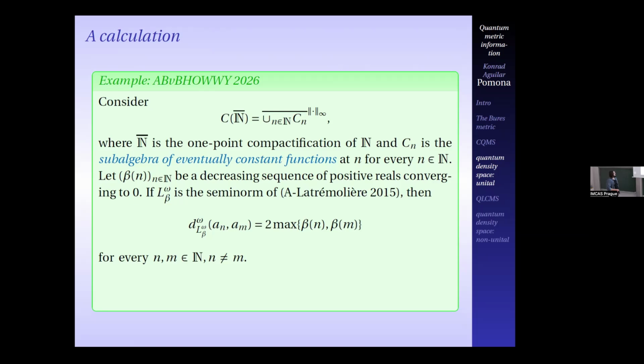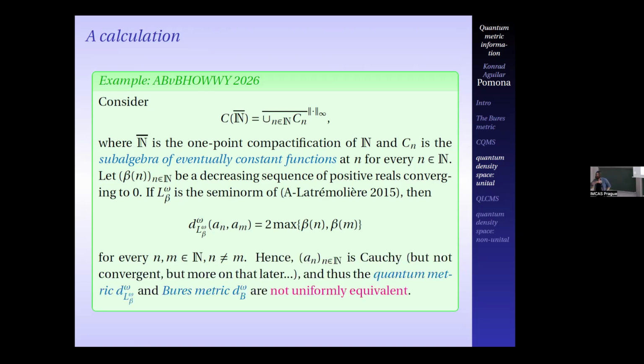But just to show you the different nature: with the Bures metric, this was a sequence that had no Cauchy subsequence, but now with the quantum metric on the density space, we get one that is actually Cauchy. And later I'll mention that this sequence I'm not showing later is actually also not convergent, but it is Cauchy, but still not convergent. So we also don't have a complete space, but that's fine.